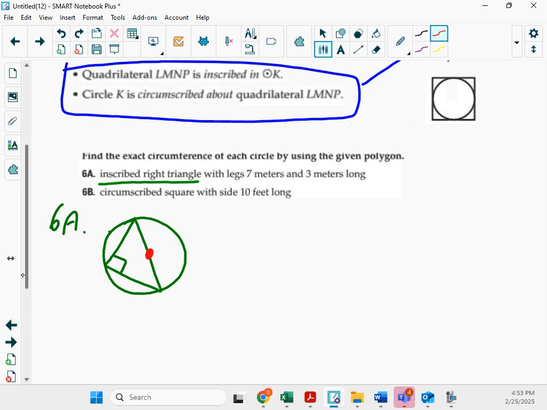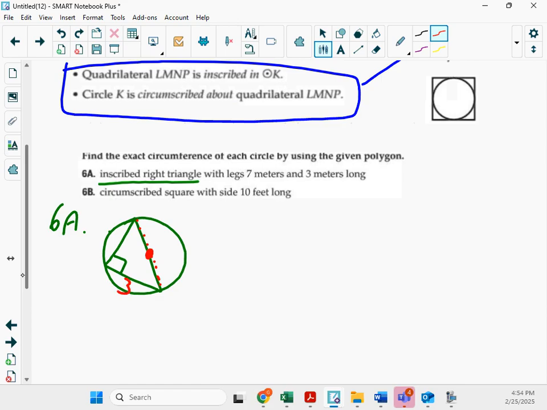Now, something that I have to tell you for this particular example, it's going to come up later in the chapter. This is a rule we will eventually need to know. It'll be 2 or 3 videos from now. If I have an inscribed right triangle, then the hypotenuse must be the diameter. Anytime I have an inscribed right triangle, the hypotenuse is the diameter.